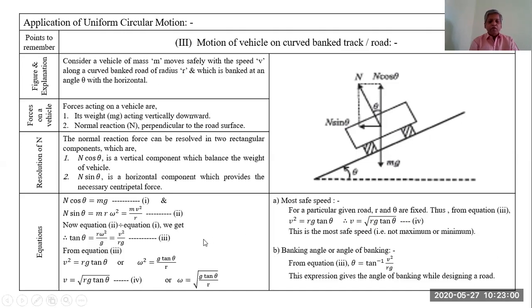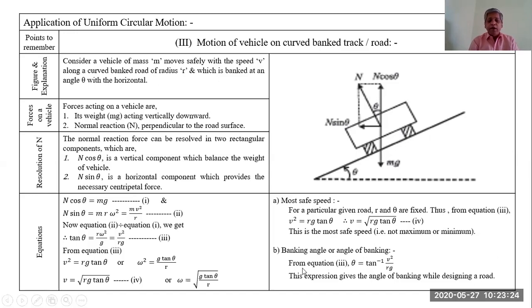Also, from this equation third, we can find the angle of banking while constructing the road at the curve for the given speed. If the speed is given and we want to construct the road at the curve, what angle is necessary?